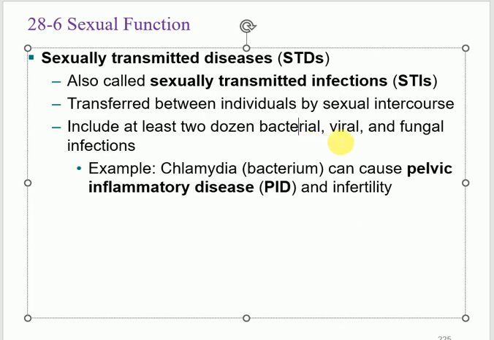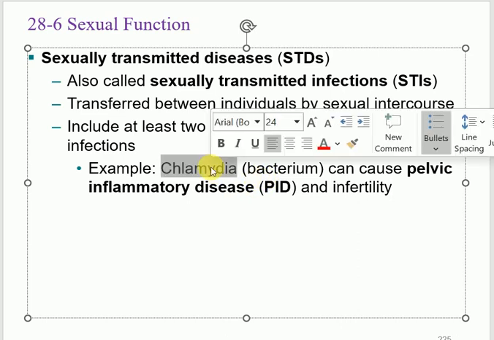It can be bacteria as well, something like syphilis, something like gonorrhea, and so on. But the most important, or the most common, one is called chlamydia. This is a bacteria. And the problem with chlamydia is that it can cause something called PID, or pelvic inflammatory disease.